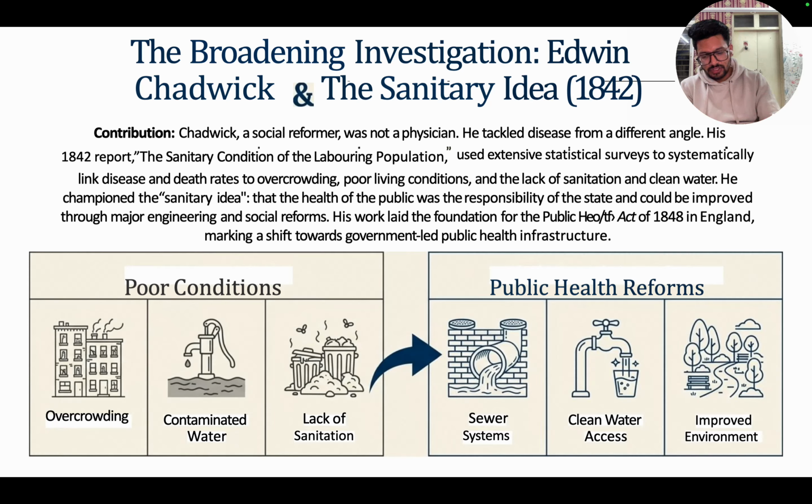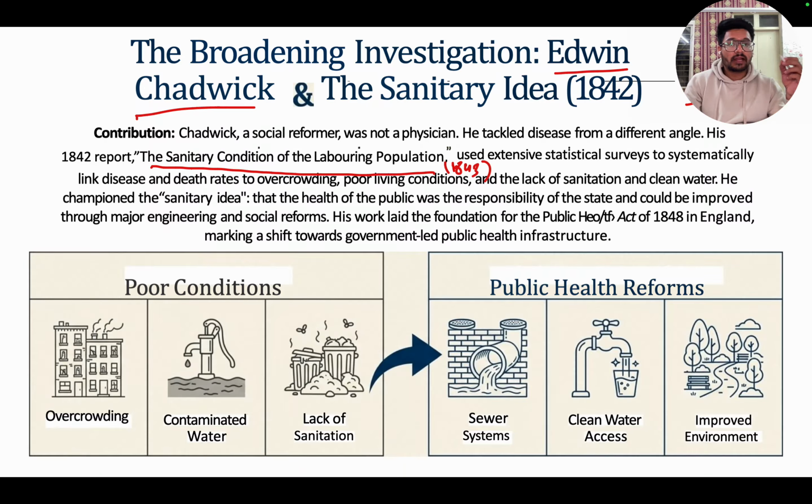Next is Edwin Chadwick. He was the first personality to do research on sanitation, and his report, The Sanitary Condition of the Labouring Population, published in 1843, led to the enactment of the Public Health Act 1848 in England.